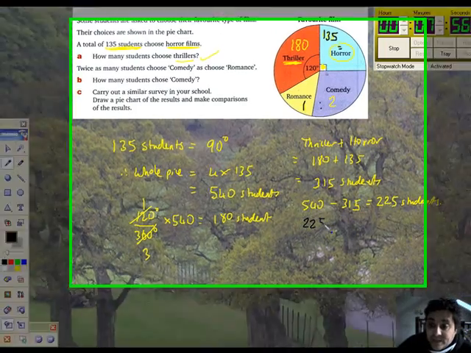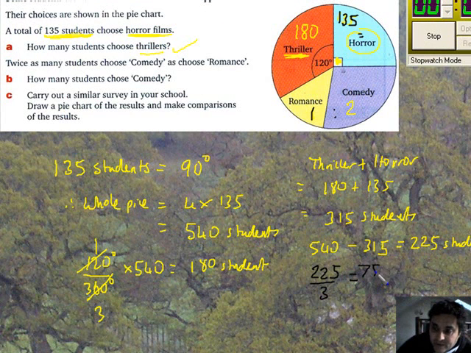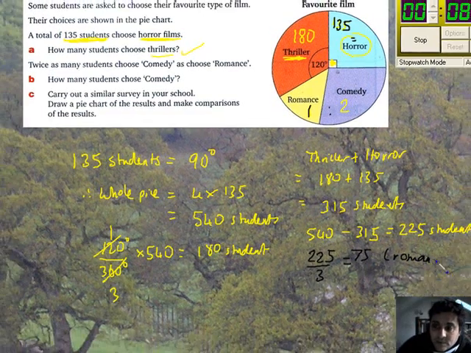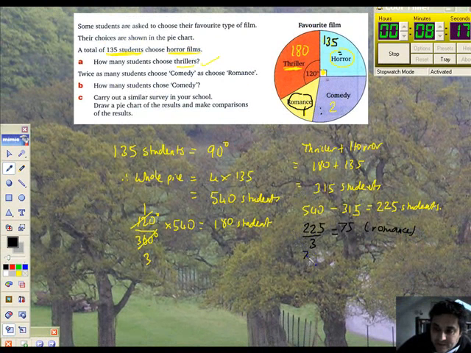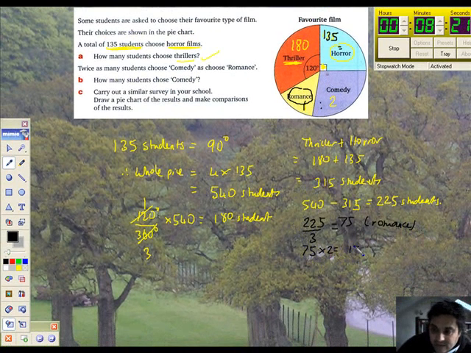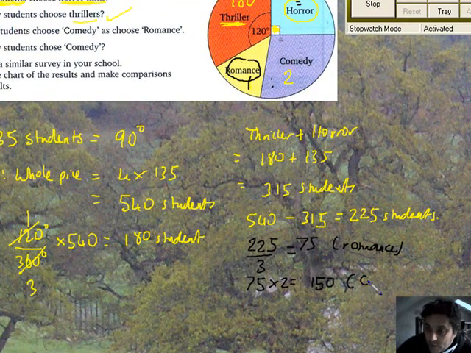So 225 divided by 3 will give me, so I'm like working on a unitary method, aren't I? 75. And so that's really the romance students, since they represent 1 part, and twice as many did comedy as they chose romance. So I'll take my 75 over here and I multiply that by 2, and I can safely say that 150 students chose comedy. Alright?